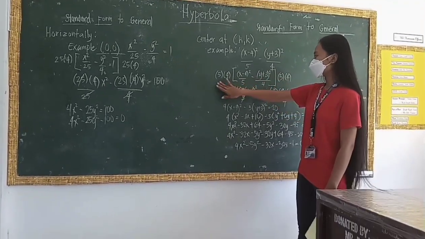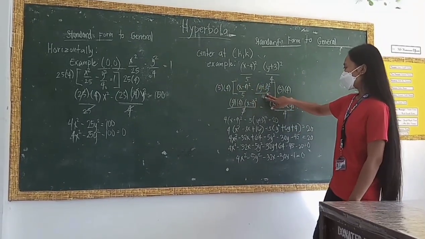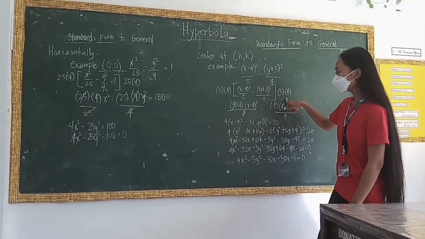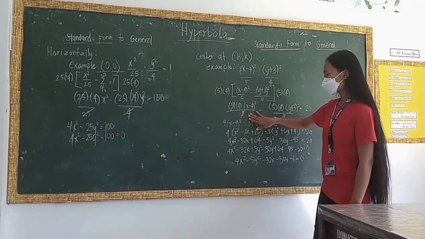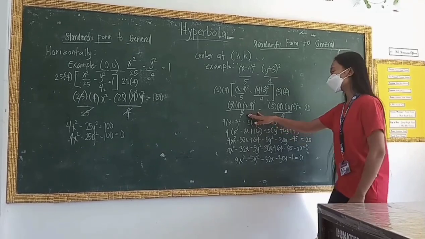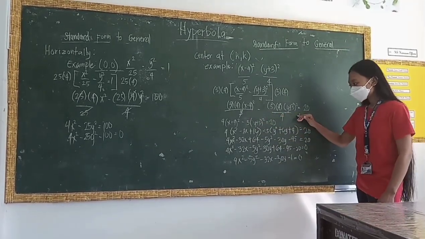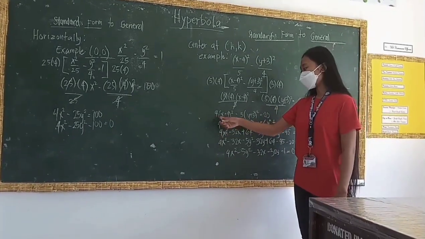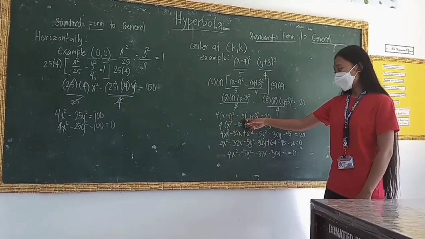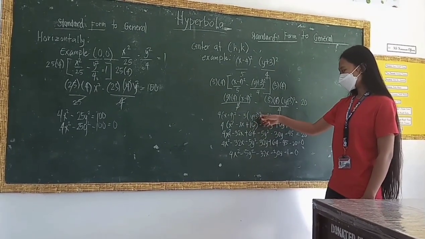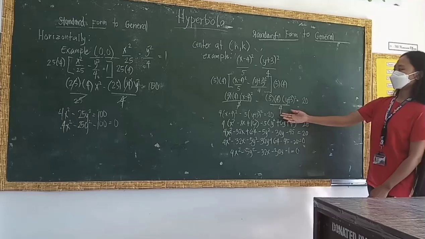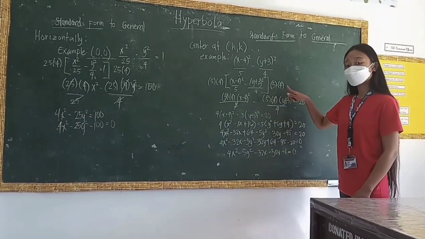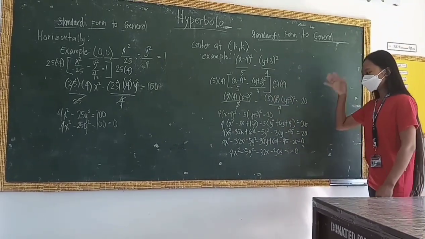And we will multiply it here and this one to there, and then we will cancel the same digits or numbers. So it will become 4 times x minus 4 squared minus 5 times y plus 3 squared is equal to 20, because 5 times 4 is 20.